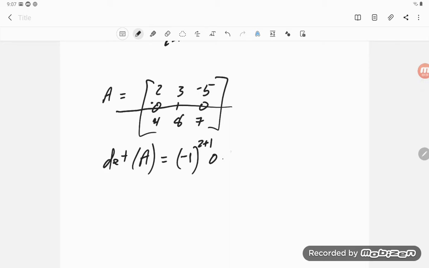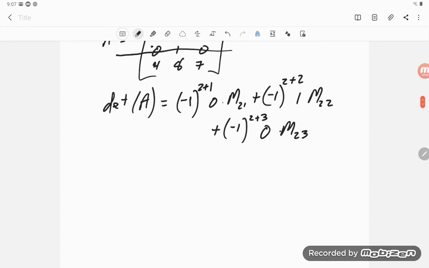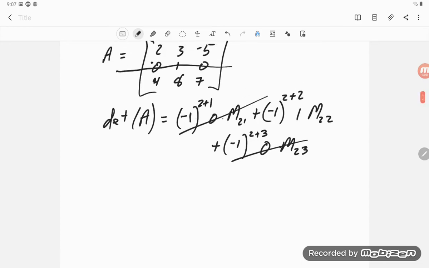So 0 times the minor of 2, 1, and then plus -1 to the 2 plus 2 times 1, and then times that minor M2,2, and then plus -1 to the 2 plus 3, because I'm in row 2, column 3, times 0, and then M2,3. And so, of course, those I don't even have to calculate.